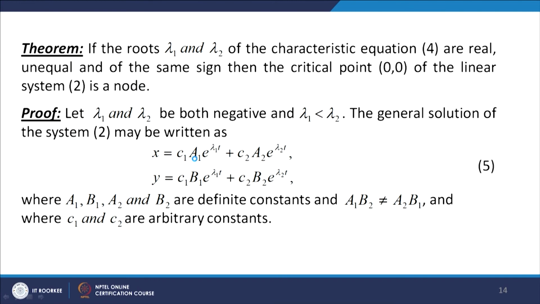So, what we get is a1 b2 is not equal to a2 b1. That condition comes from there, and C1 and C2 are two arbitrary constants.